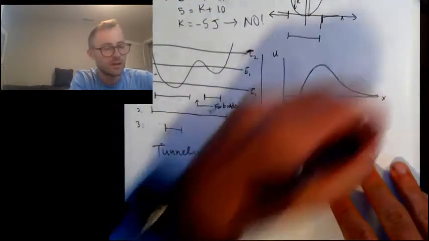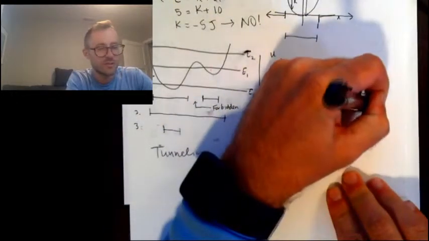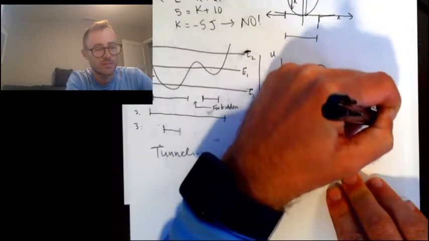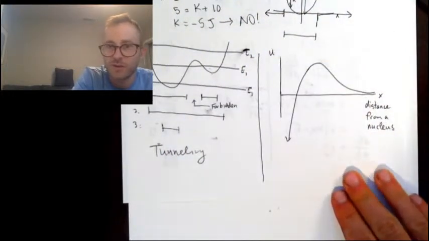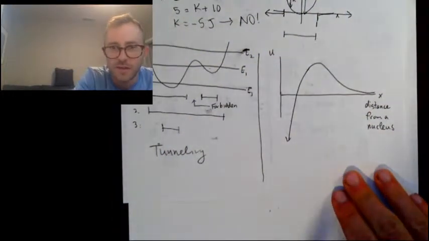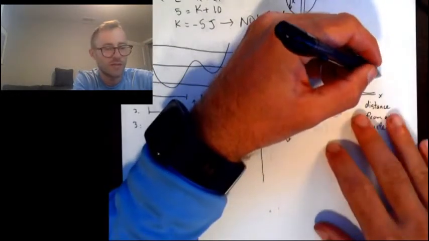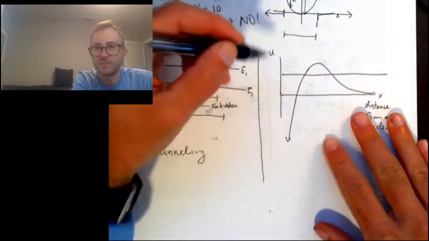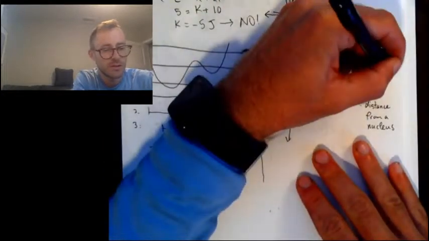So here, x is representing the distance from a nucleus. Distance from a nucleus, okay? And let's suppose that you have an alpha particle with this amount of energy, okay? Do you guys know what an alpha particle is?